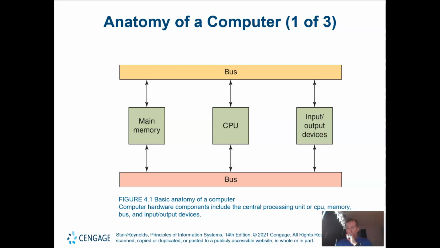When it comes to ones and zeros, in general we use 8 bits to represent a character, and 8 bits together form a single byte, abbreviated with a capital B. So a byte is 8 bits that together represent one single character, and your CPU is managing millions of those.